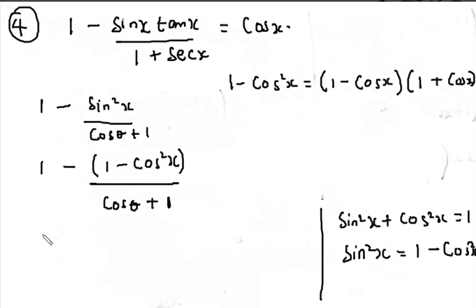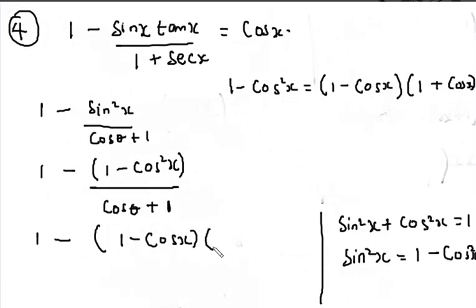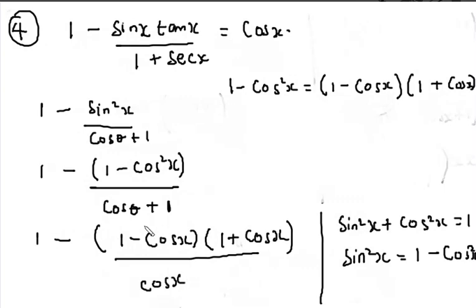So this would become 1 minus open bracket 1 minus cos x, 1 plus cos x, and then divided by cos x plus 1.